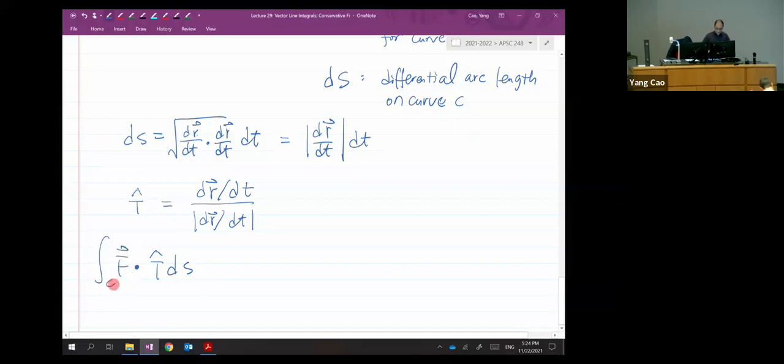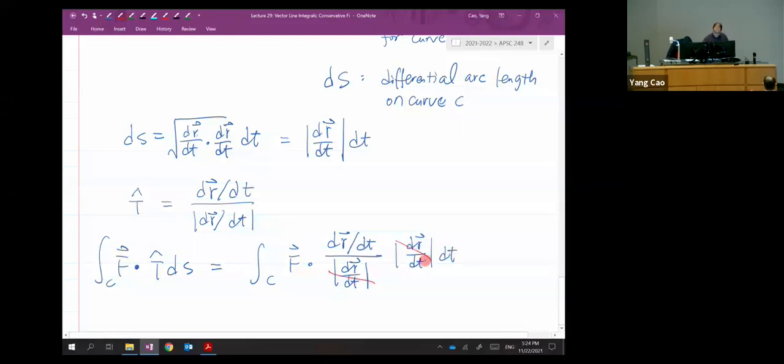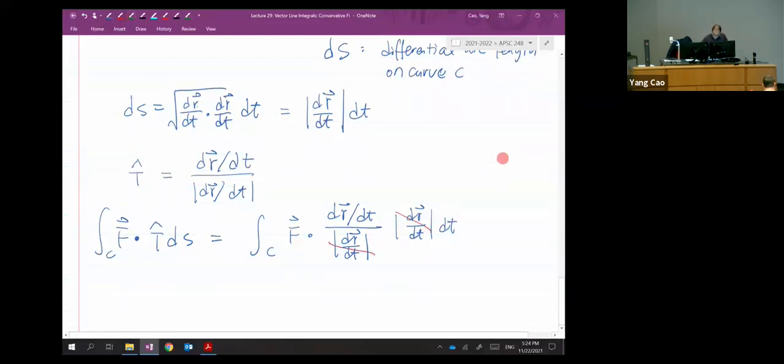F dot t hat ds is equal to F dot t hat, let's rewrite the t hat, and then times ds. You can cancel these two terms, and then you get dr over dt and dt.